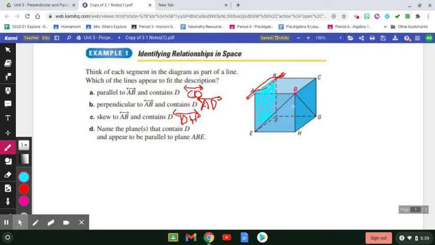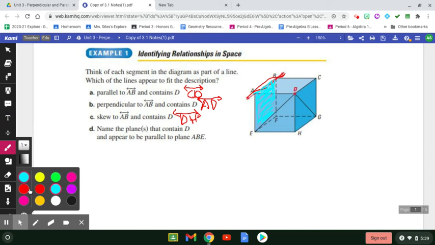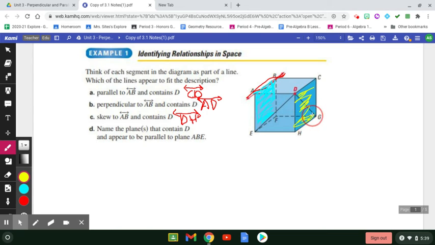Okay, so remember when you name a plane, you have to have 3 letters. Okay, so there's a couple different ways that we can name this for our answer for part D. All right, there has to be this plane over here because it's not going to ever touch this plane on the left-hand side. So again, I'm talking about, and I'll color it so you guys can see, this plane over here on the right-hand side. Okay, so how do we want to name this?